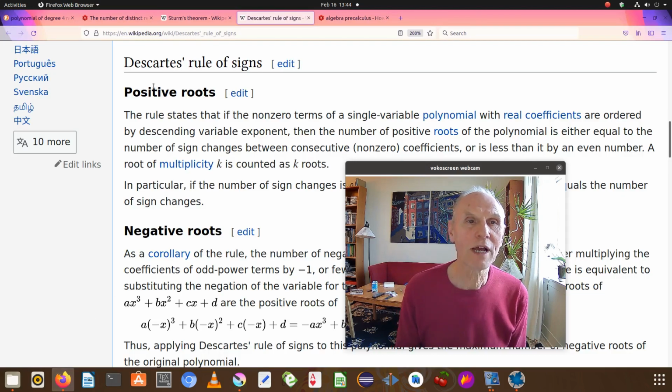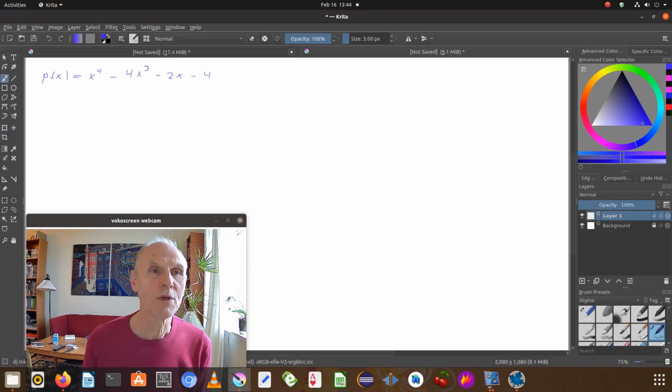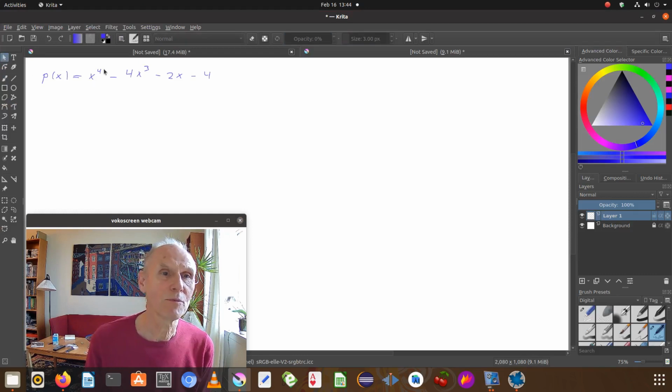First we have Descartes' rule of signs. I'll just show you the method. We order the coefficients in decreasing order and count the sign changes.